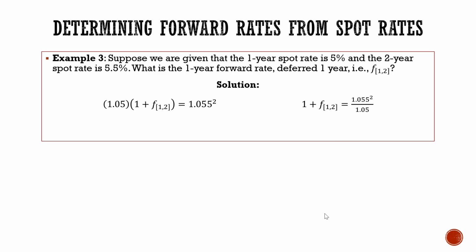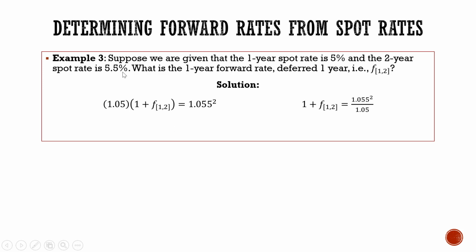Now we reinvest 1.05 at time 1 to receive money at time 2, so we use the deferred forward rate F_{1,2}. So 1.05 is the amount of money at time 1, times (1 + F_{1,2}), and this is the accumulated value at time 2.